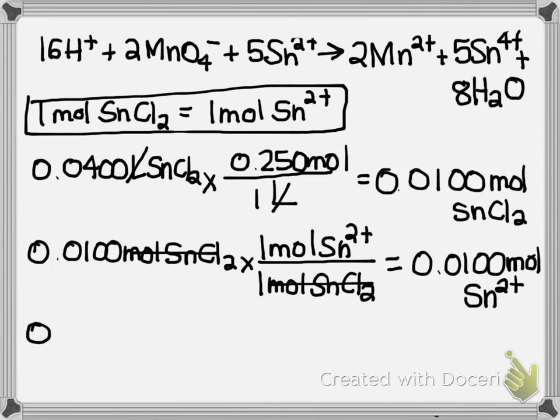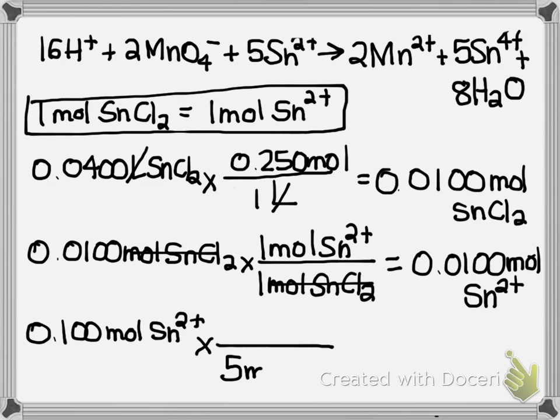So I'll say 0.100 moles of the tin ion would react with, now using the ratio from the balanced equation, I have a 5 in front of the tin and a 2 in front of the permanganate.